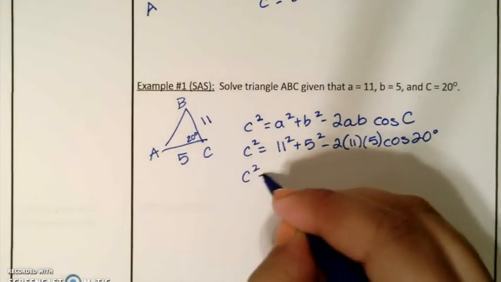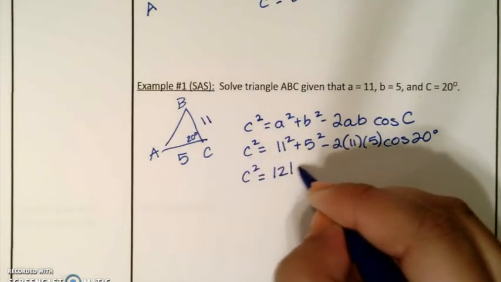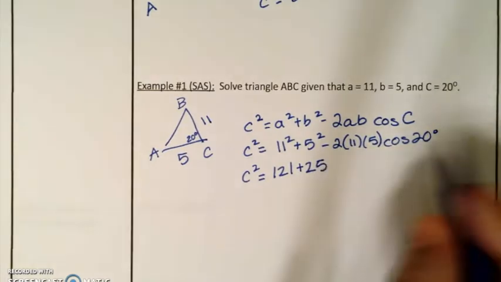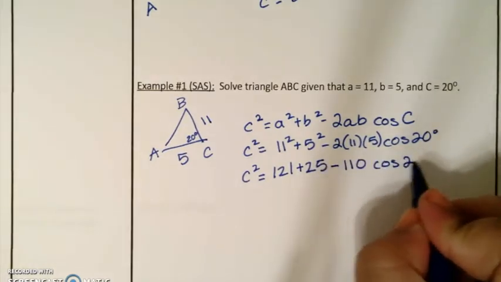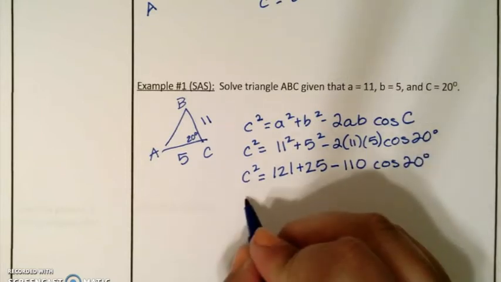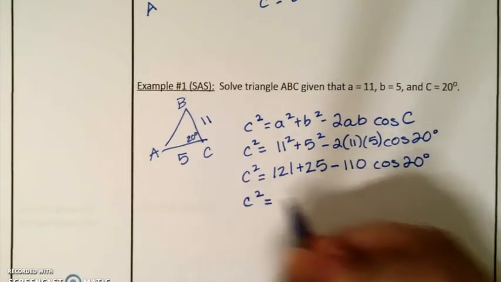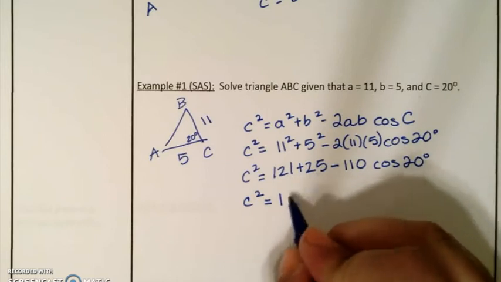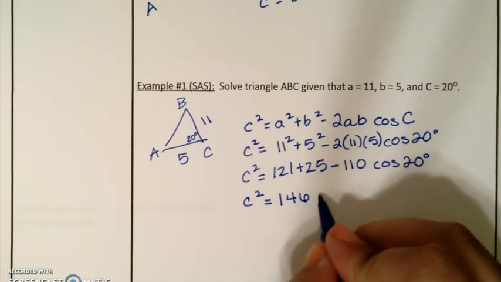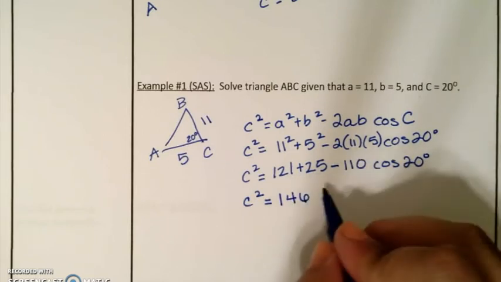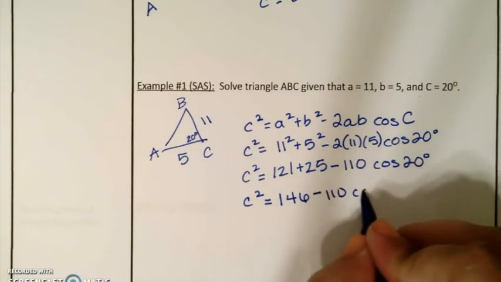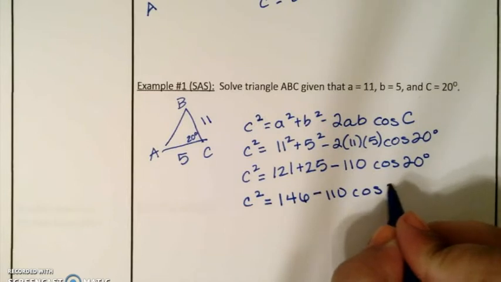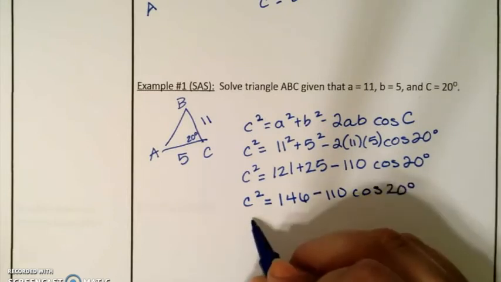Continue solving. c squared equals 121 plus 25 minus 110 cosine of 20 degrees. So c squared equals 146 minus 110 cosine of 20 degrees.